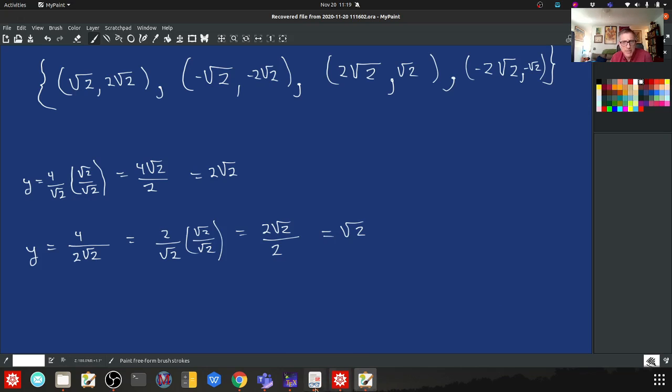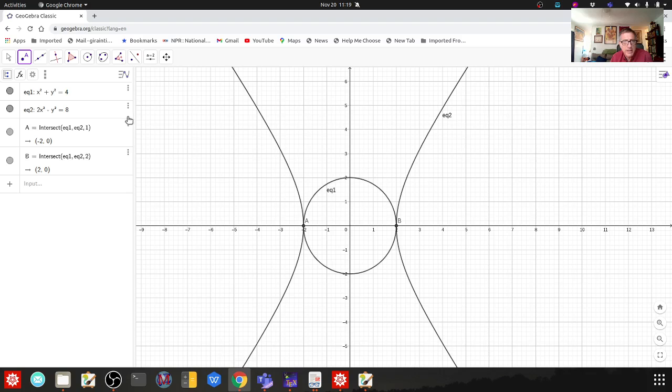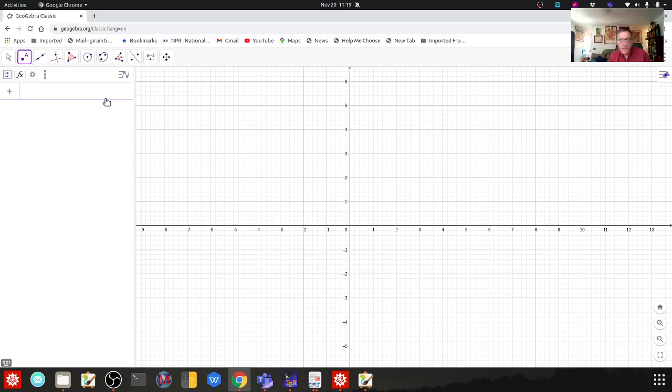So let's see what kind of graph this actually looks like. So go to GeoGebra, and let's input the original equations. So I had x squared plus 3 times x times y plus y squared is equal to 22.